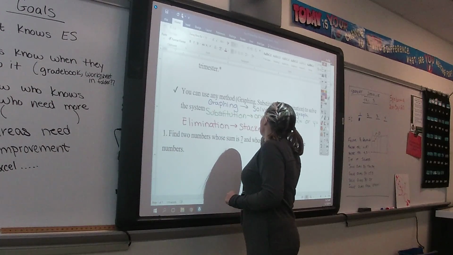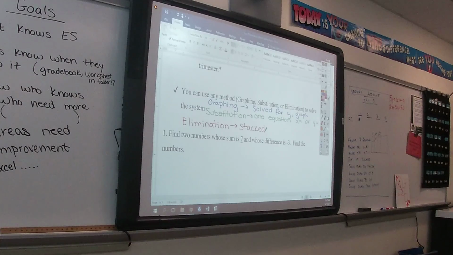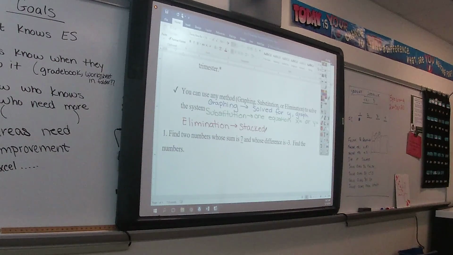Stacked, yeah. Now, again, in all of these situations, you're all telling me true statements. But this is the critical piece, because the rest of the multiplying and stuff we can take care of after that. It's also going to be the case that I might look at a problem and choose to solve it by substitution, but someone else might choose to solve it by elimination.